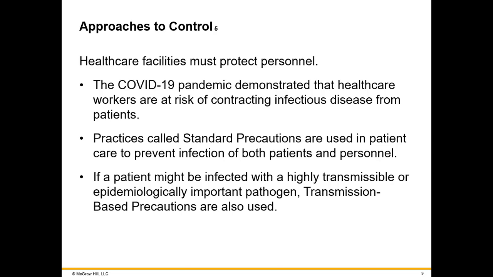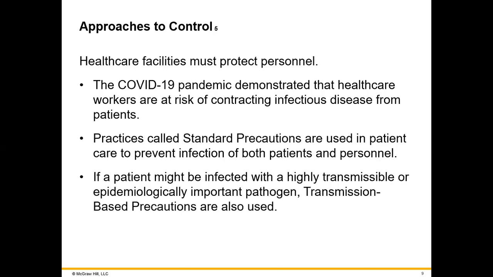If a patient is admitted with an epidemiologically important pathogen, a highly transmissible pathogen, for example, with a high rate of mortality, then additional procedures might be put in place, such as transmission-based precautions.